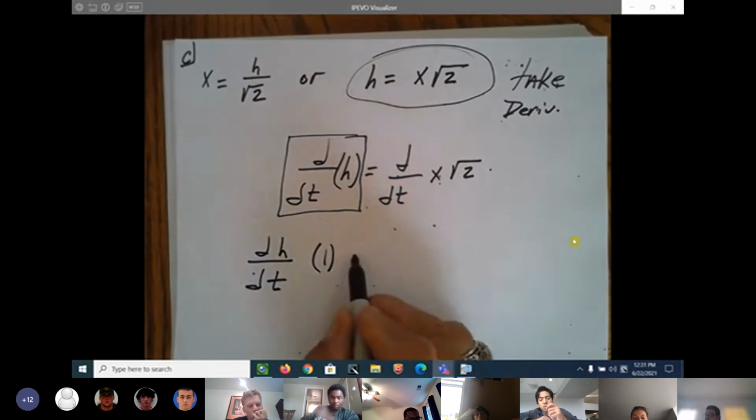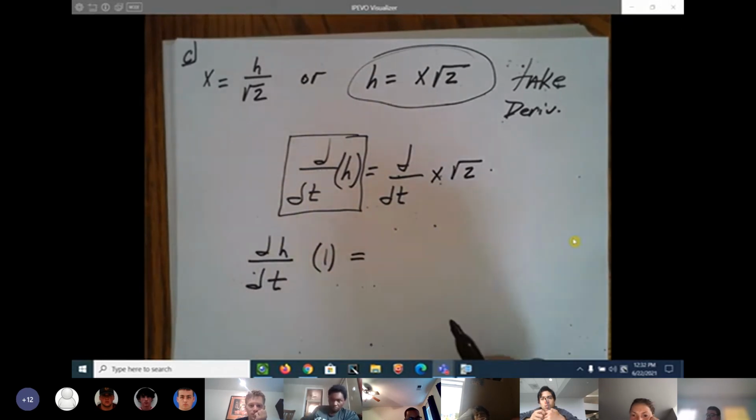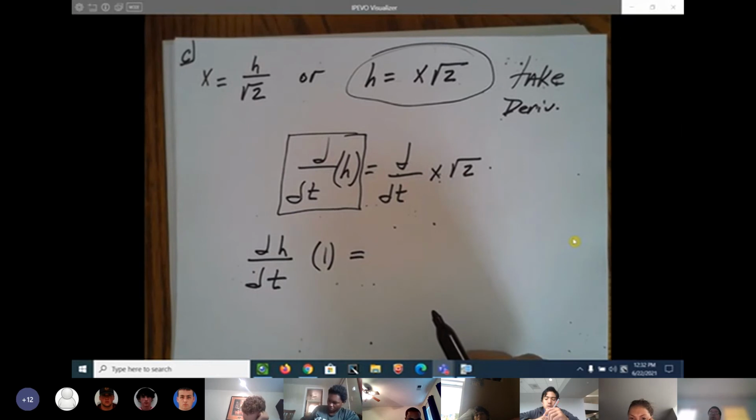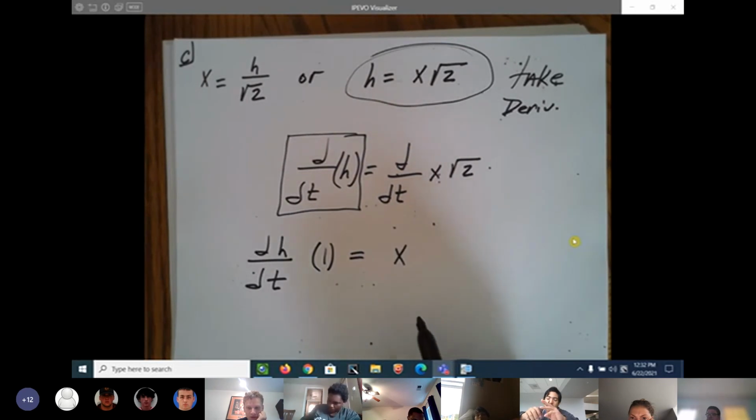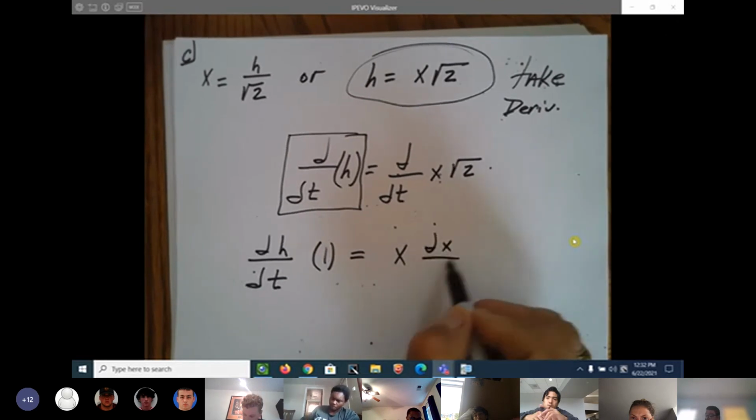All right, somebody give me the right-hand side. What's the derivative of any number times x? And what do we put to replace it since we're using implicit differentiation with t? dx over dt.